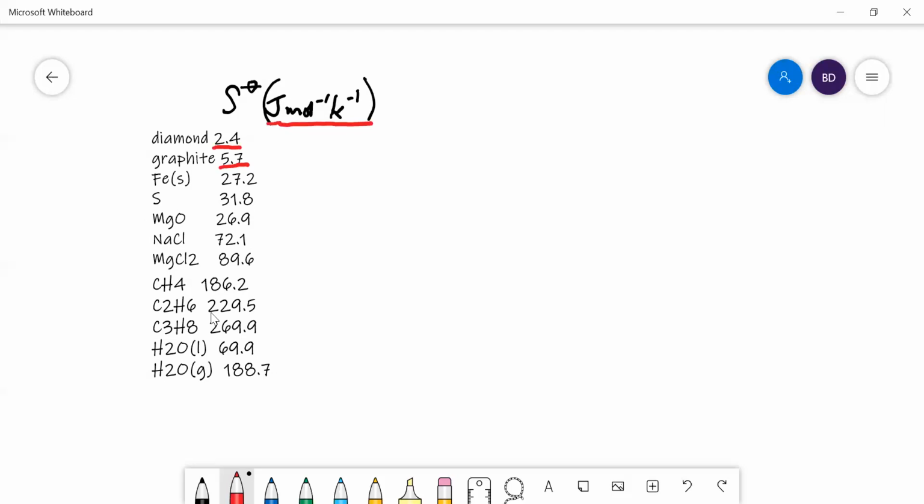Oh yes, I should also say this sign, which we are familiar with, means standard entropy, so that's at 298 Kelvin. If you increase the temperature, you're going to give the atoms and molecules more energy, there are more different ways in which that energy can be distributed, so the entropy is going to go up.